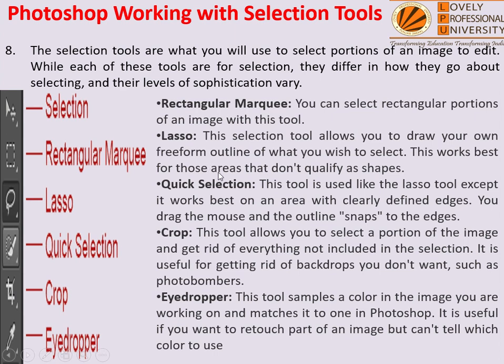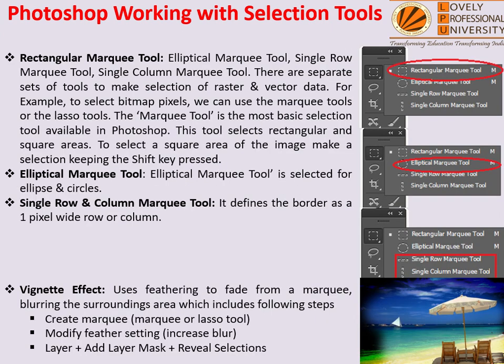We have a lasso tool. We have a quick selection tool. We have worked with this quick selection tool. We have a crop tool. You have seen the crop tool we used in the previous part. And last is the eyedropper tool. Eyedropper tool is basically just to select the color which you want to fill and use on that selection area.